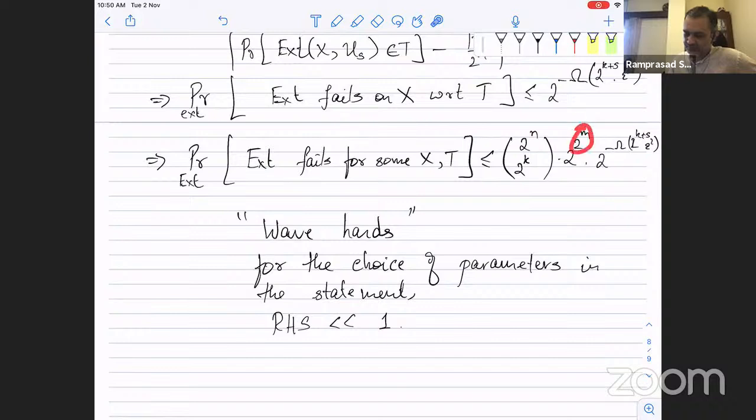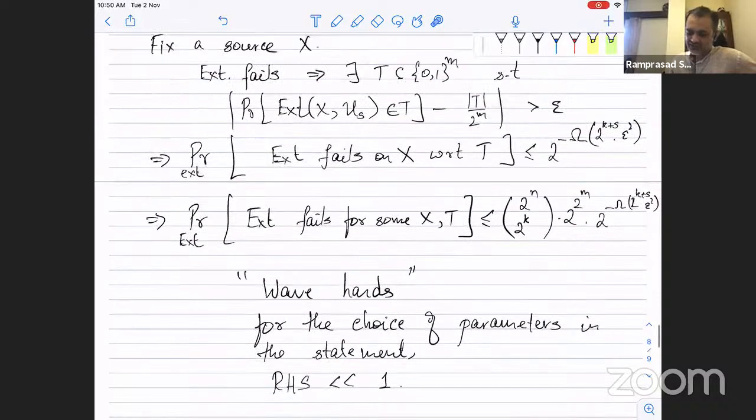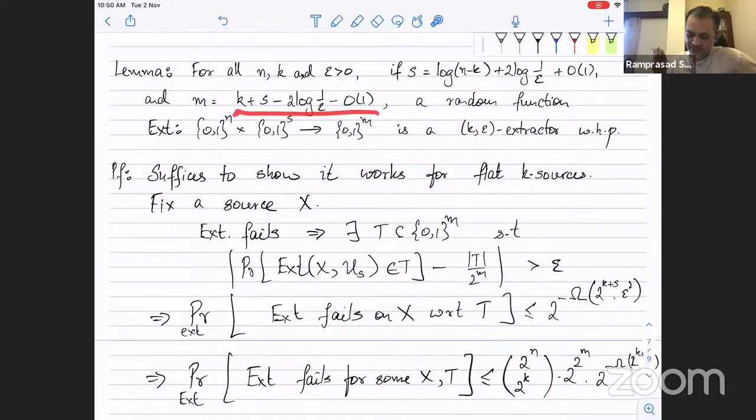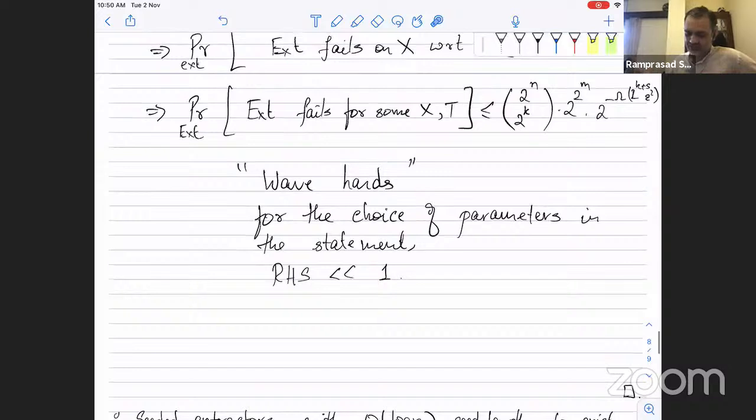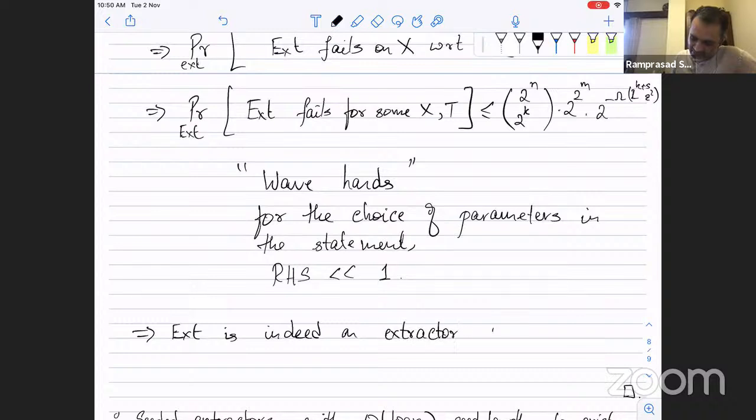So let's look at the exponent. There's a 2 power m, there's a 2 power k, and here you're fighting against 2 power k plus s. That should hopefully tell you that if m and k satisfy this particular property, then fortunately this part is so small compared to how large this is that these things are not going to really hurt you. It's some stupid calculation which I'm not going to do. So this implies that ext is indeed an extractor with high probability.